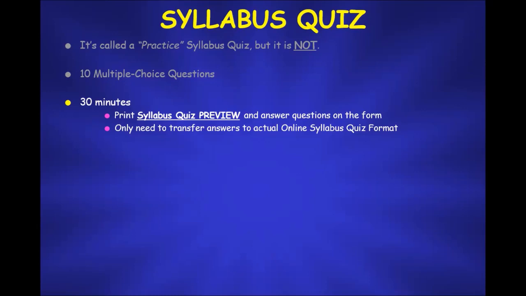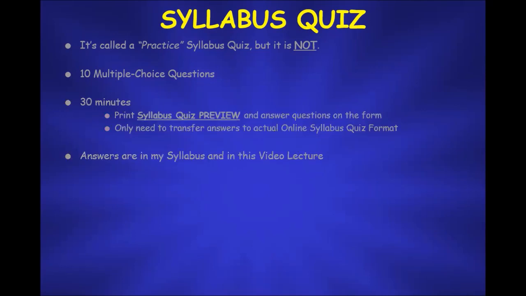And then when you want to do the syllabus quiz, all you're going to do is just transfer your answers from the paper into the quiz itself in Blackboard. So that shouldn't take long. You're just transferring. However, the questions are shuffled as well as the choices, but they're the same 10 questions. Okay.